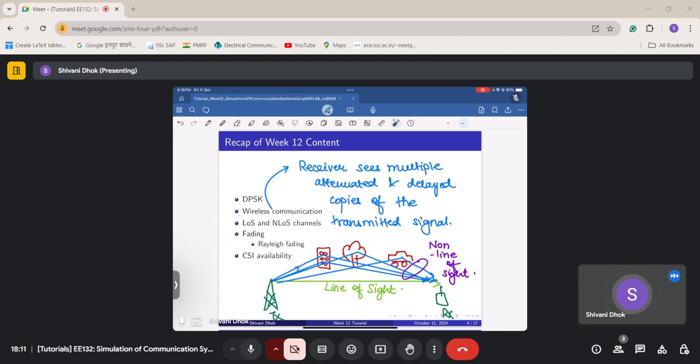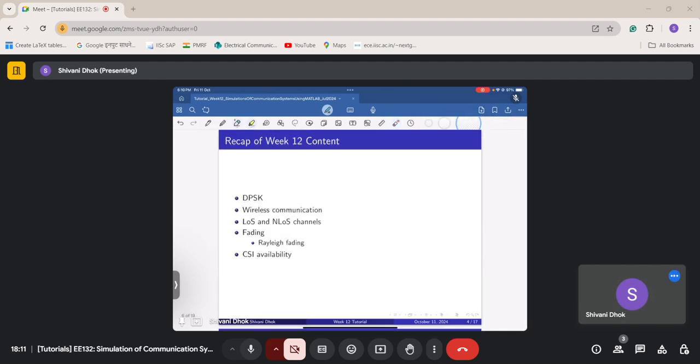That leads to fading. So this fading is basically change in signal amplitude and phase due to reflections.